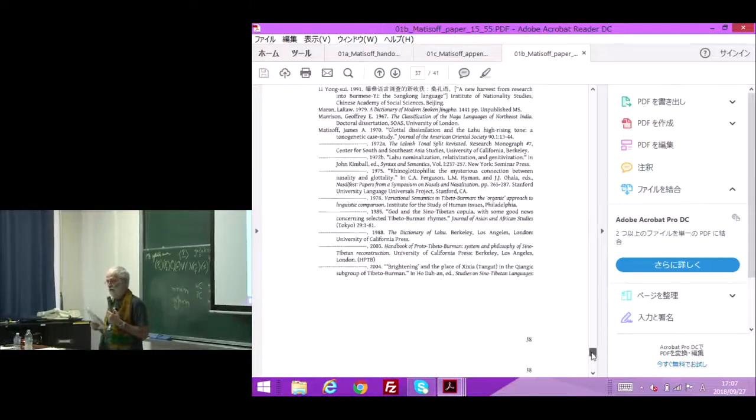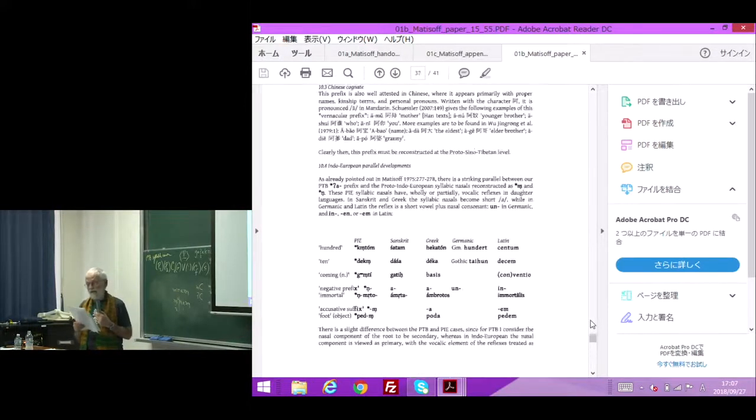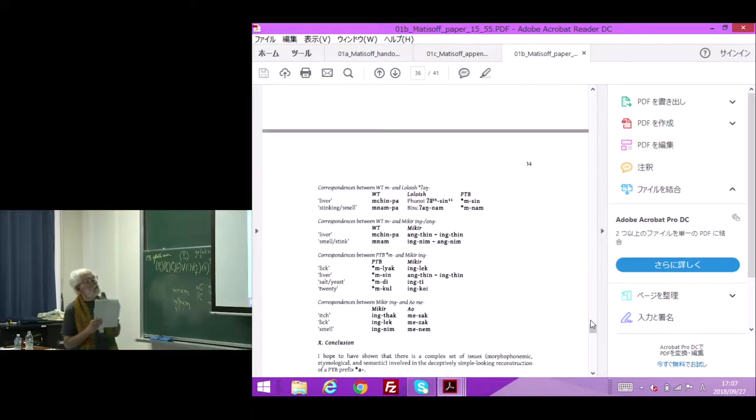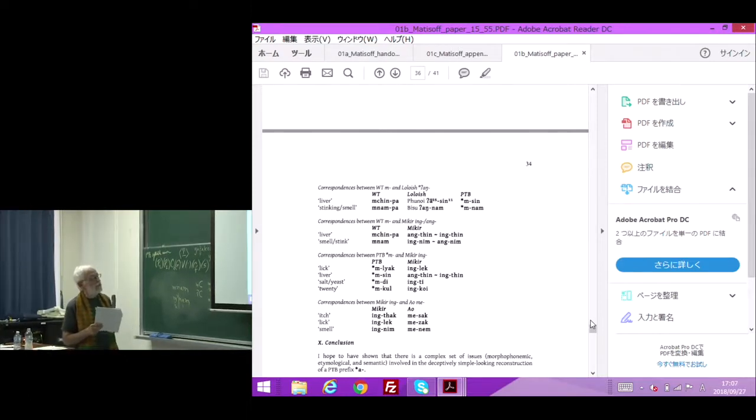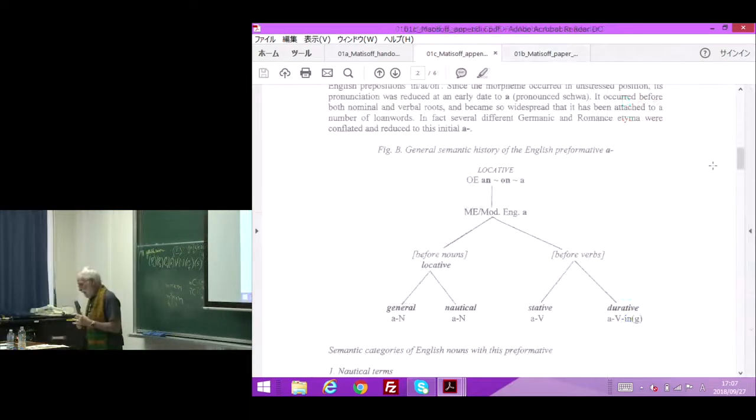And everybody knows, all historians of the English language know, that this preformative comes from an Old English locative morpheme, an or on, with meanings like modern English in or at or on.